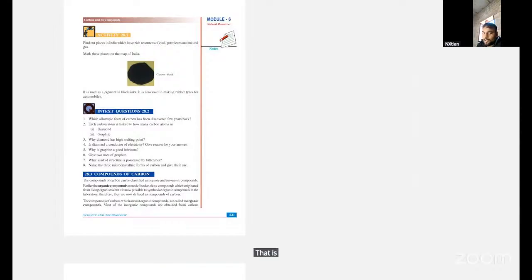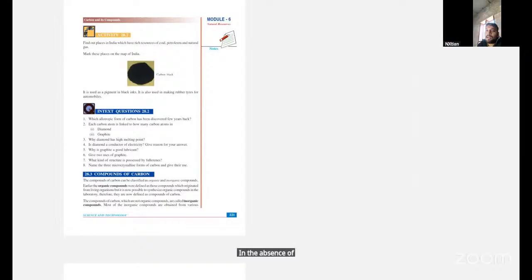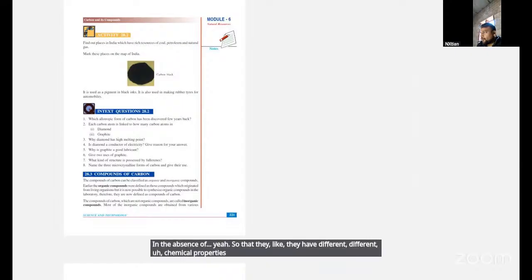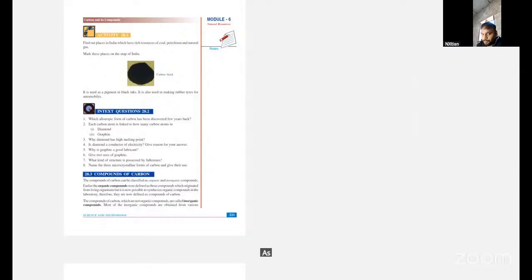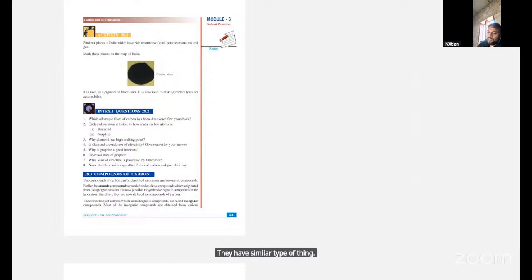Now charcoal is when I burn the wood in the absence of air. So they have different chemical properties. Coal will have more fuel value as compared to charcoal, but they all are like brothers and sisters, as I told you, with similar things.